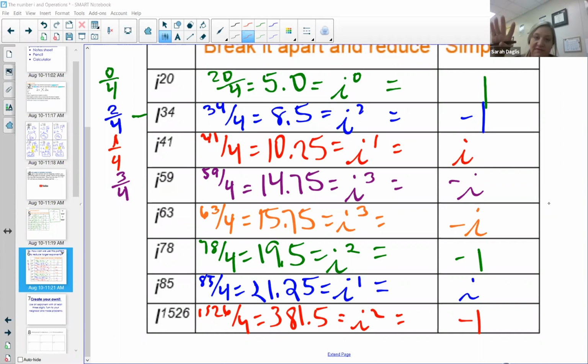We use 4 to divide because the cycle consists of 4 numbers before it starts over again. So we know it's going to be one of those original 4. Someone asked why are we dividing by 4? That's why, because the i cycle is 4 different pieces.